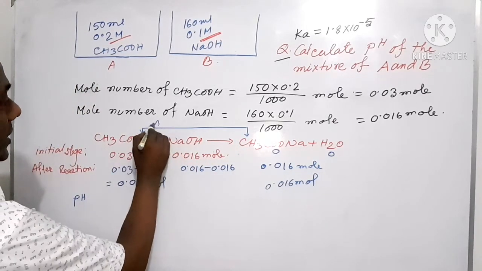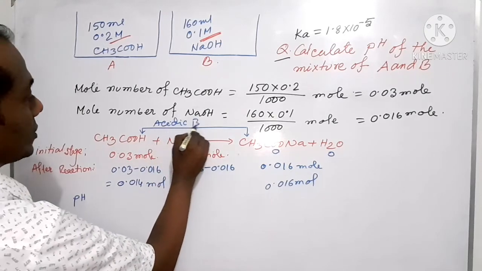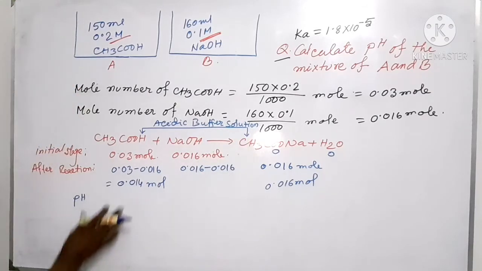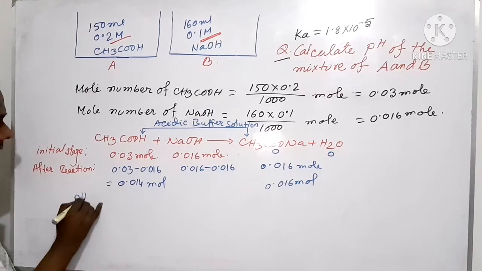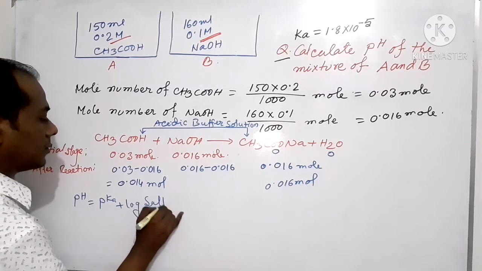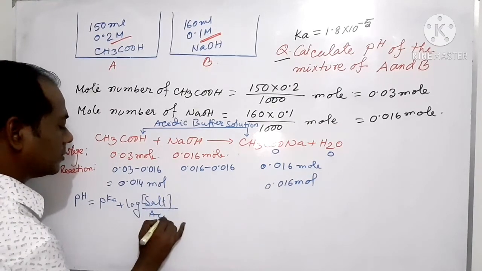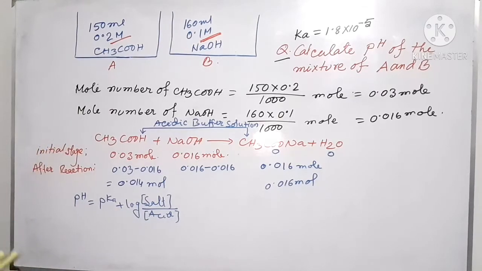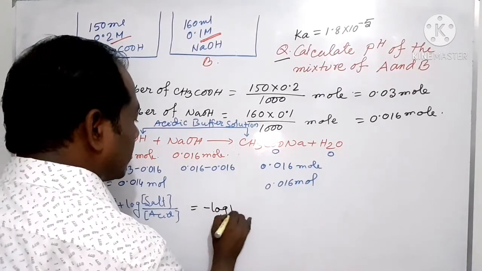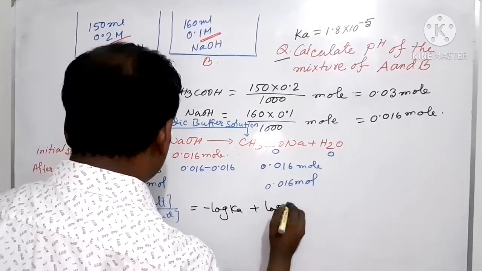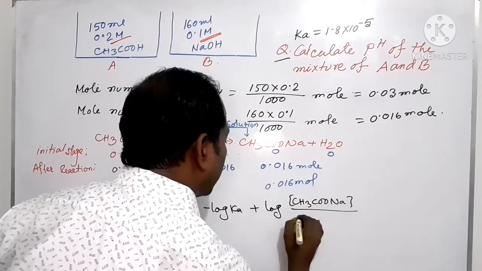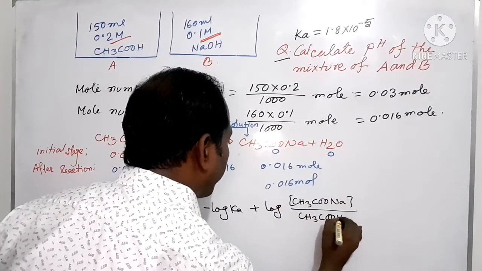So this one is an acidic buffer solution, and for an acidic buffer solution we get pH equal to pKa plus log of salt by acid concentration, and we get minus log of Ka plus log of the salt CH3COONa and CH3COOH.